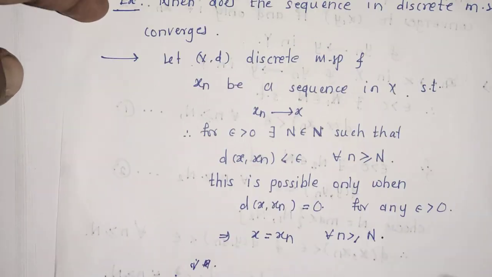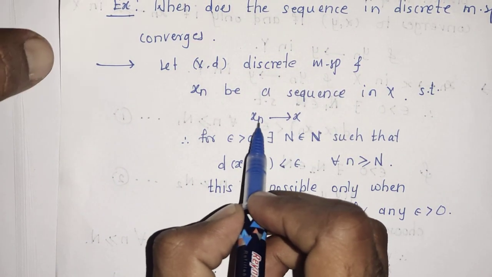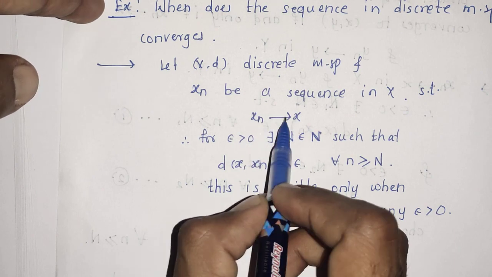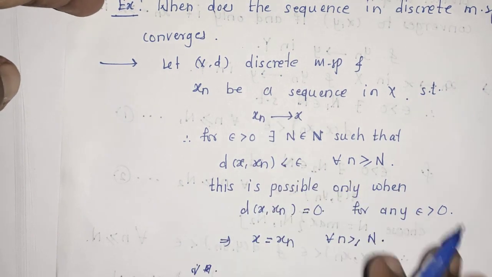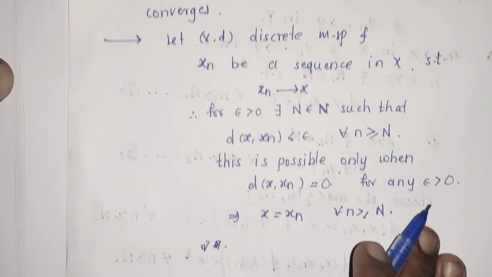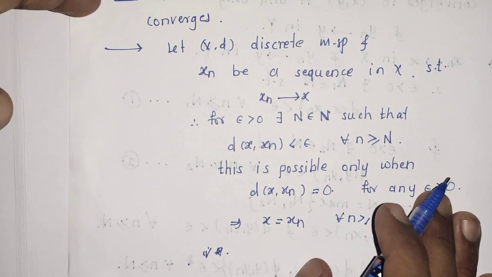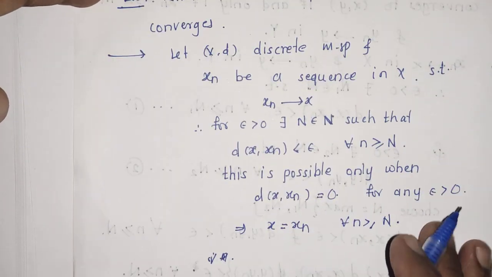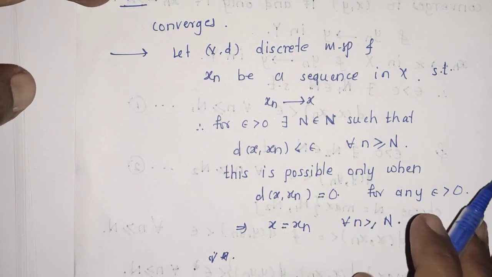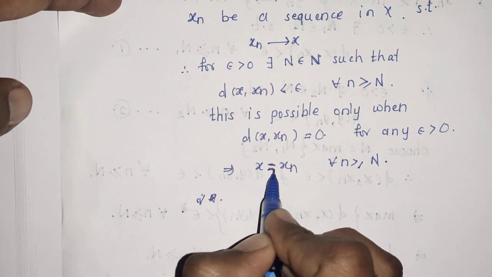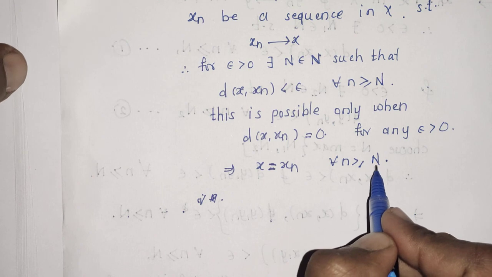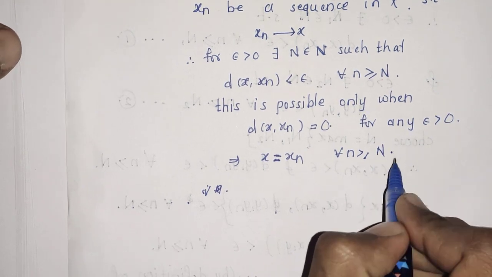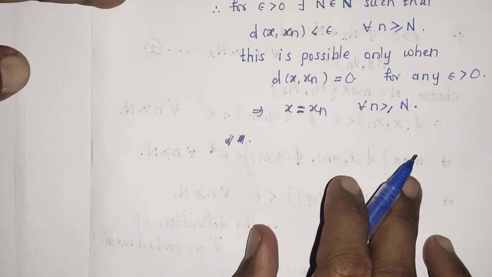If we take any sequence in a discrete metric space, we can say that the sequence has limit x whenever all the points are equal to x. So a sequence is convergent in a discrete metric space only when x is equal to xn for all n greater than or equal to N, for all n belonging to natural numbers. So this is the solution.